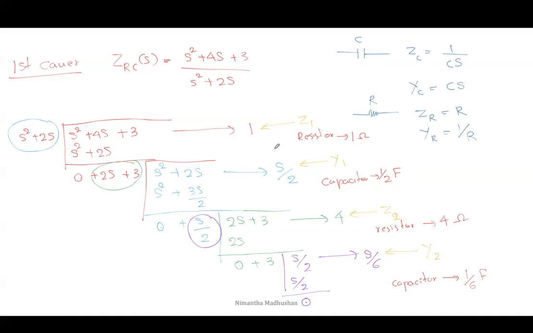The first one is the impedance value. It is connected in series, and the second one is connected in parallel, again series, and again parallel. It is like a ladder diagram. First one is series, second one is parallel, and third one is resistor, and the final element is capacitor.